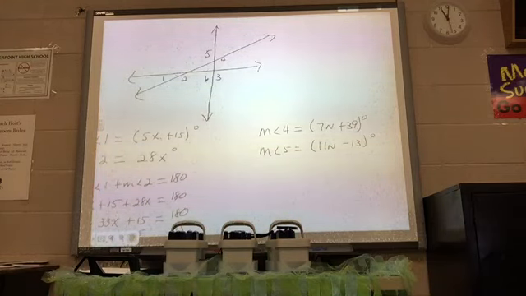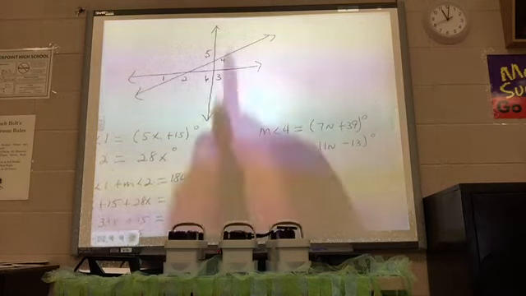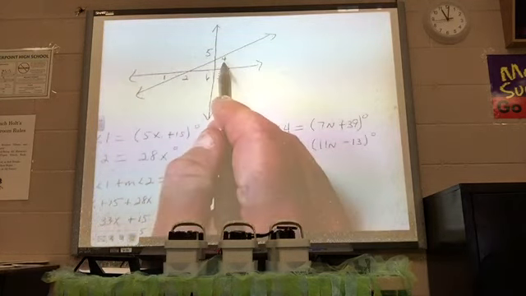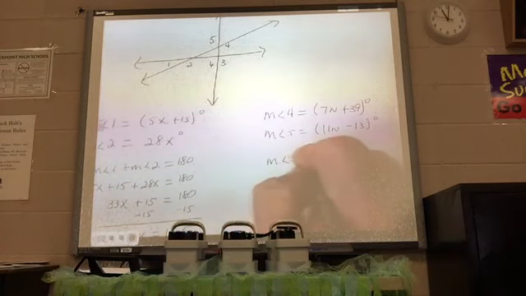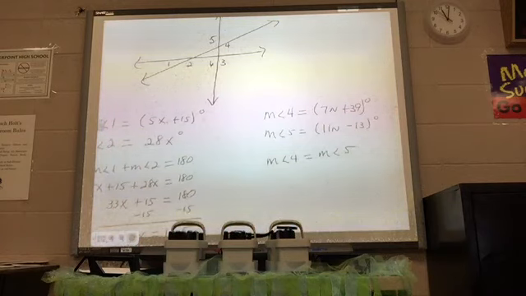Right now, all the obtuse and acute, you just need to not worry about, because that is not going to help you. They're vertical. What do you know about vertical angles? They're the same. So we know right now that these two angles are vertical. They are equal to each other. So the measure of angle 4 has to equal the measure of angle 5.